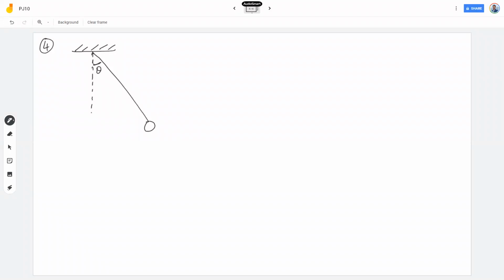The bob is here at position A. Because it is tied with a string, there is a tension force that acts in the string. Don't worry about those forces, we will read more about them in the forces chapter. But just know that there is a vector force of magnitude T here. Now tell me, what is the vertical component of T?